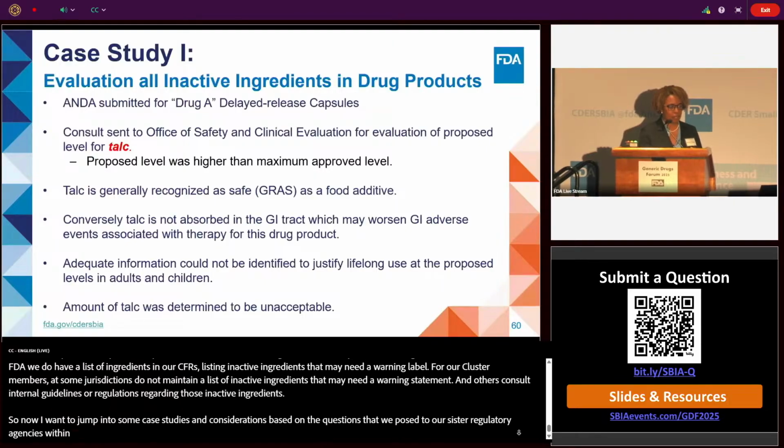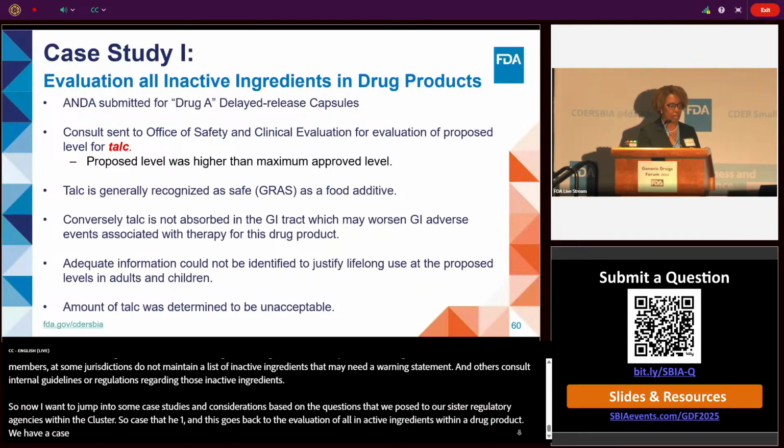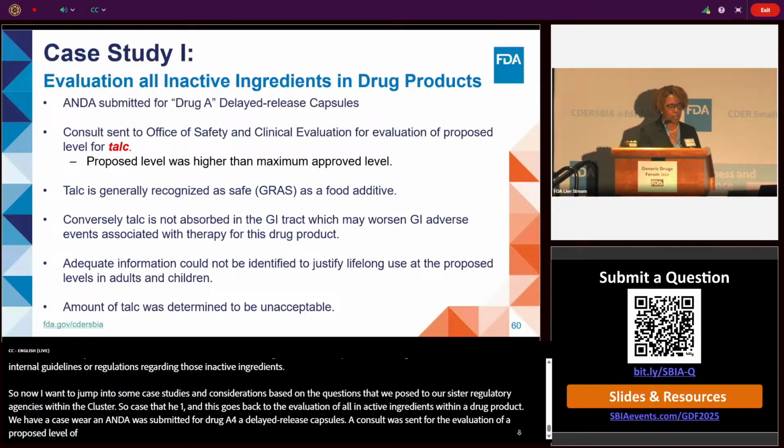So case study 1, and this goes back to the evaluation of all inactive ingredients within a drug product. We had a case where an ANDA was submitted for drug A for a delayed release capsule. A consult was actually sent to OSCE for the evaluation of a proposed level of talc, which we found was much higher than the maximum approved level.